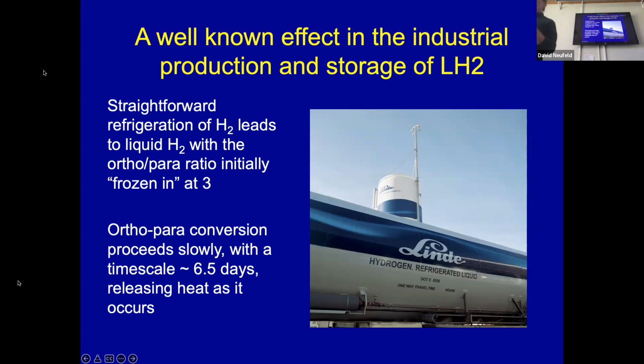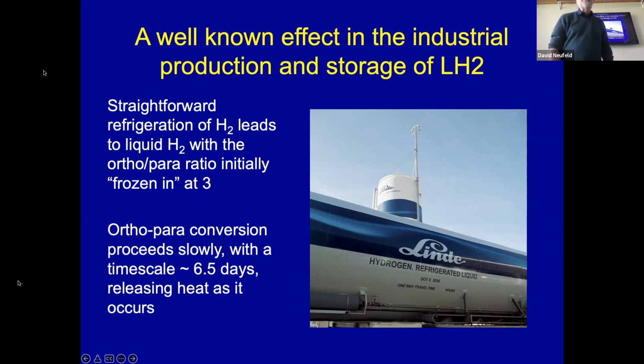And the problem with that is that the amount of heat released by the ortho-para conversion exceeds the latent heat of vaporization of liquid hydrogen. So basically, you just put it in a dewar, and if you didn't actively cool it, it would just boil away because of this ortho-para conversion, regardless of how well insulated your dewar was.